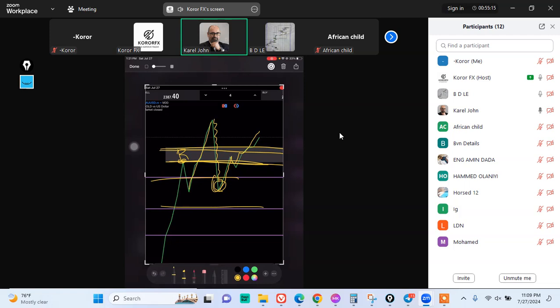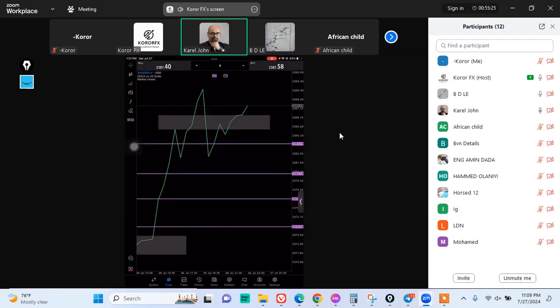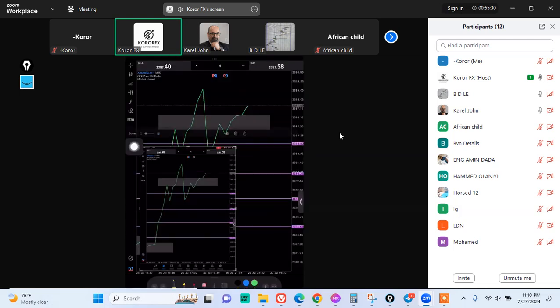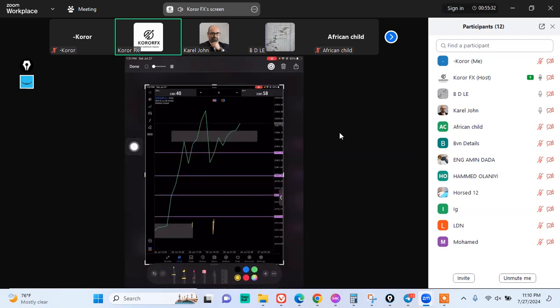So first, the line when we are going up becomes the resistance for any time frame. You find support or resistance. First step is to get a breakout on any time frame except the lower time frames.